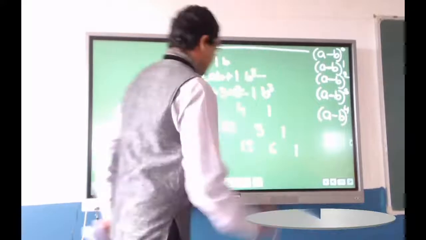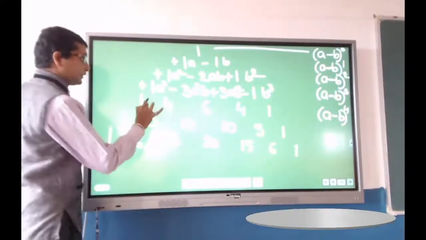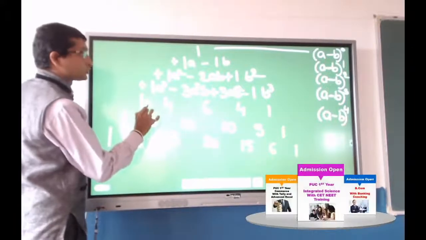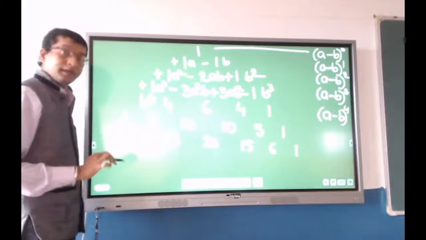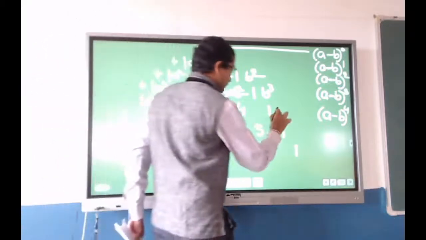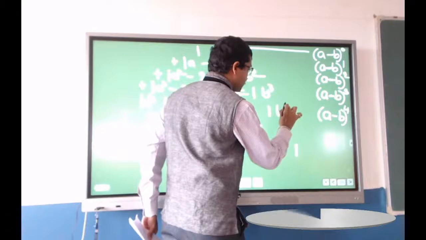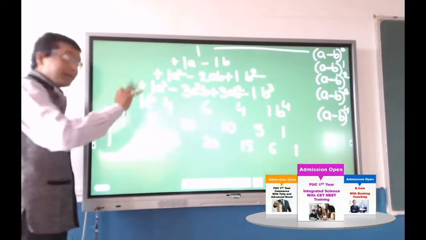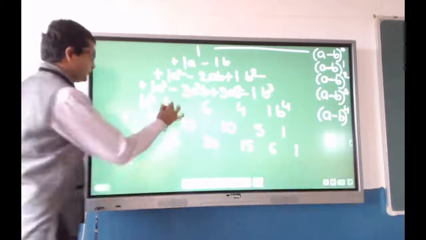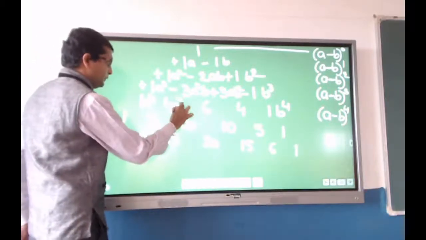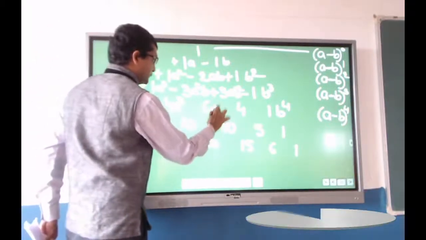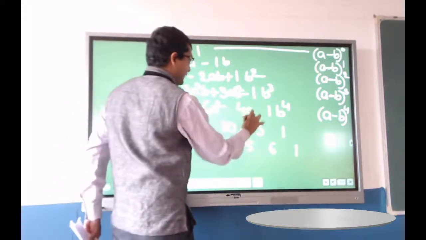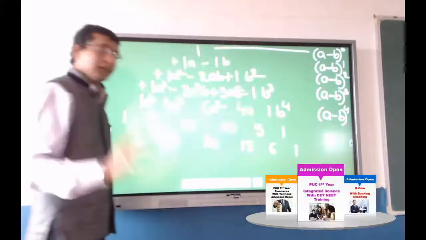Yes, you know the technique. We write a raised to 4 and in this corner b raised to 4, and the power of a goes on decreasing, we get a cube, a square, a, and leave it.